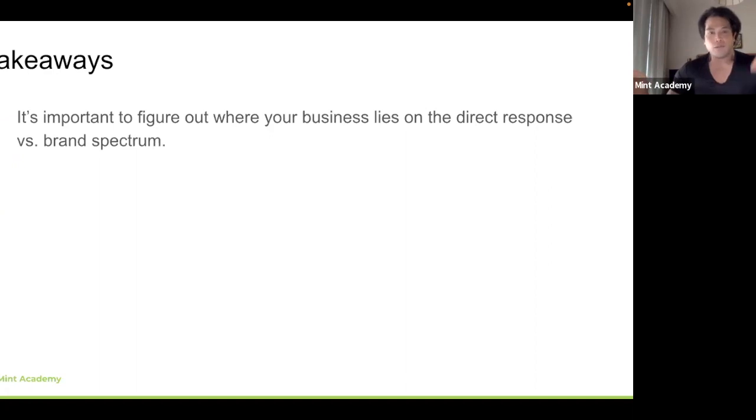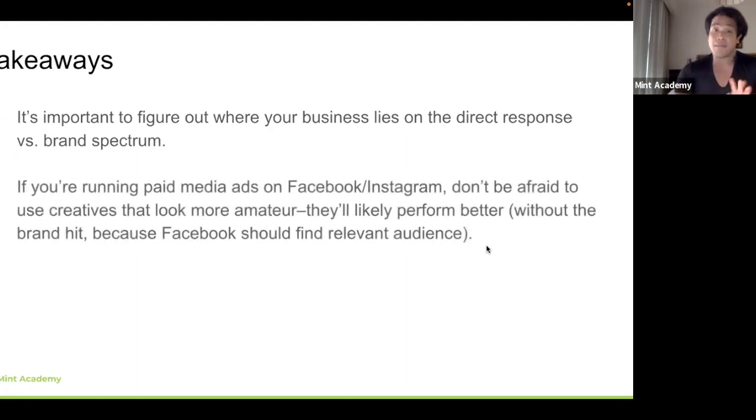If you're looking for just their initial purchase, you want to err towards direct response. But that being said, if you're running paid media ads on Facebook and Instagram, you can err towards direct response. And what I mean is, it's okay if your creatives look a little more amateur. They'll actually likely perform better, and you won't get that brand hit that you'll typically get if an audience is not relevant or contextual.